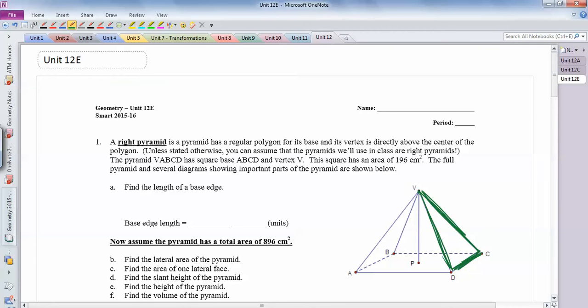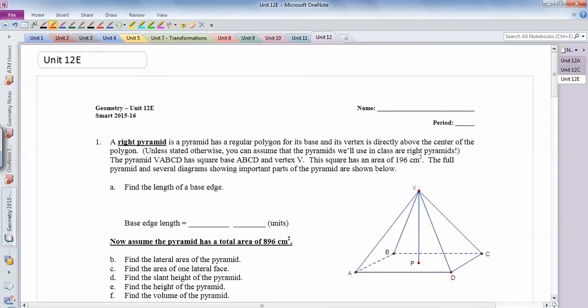So VDC would be another triangle. That one would be isosceles because this side and this side are going to be the same length. If you drew in the height of the face right here, that's a height that's slanted. It's actually called the slant height of the pyramid. You can then cut this triangle into two right triangles, so you could use those triangles.